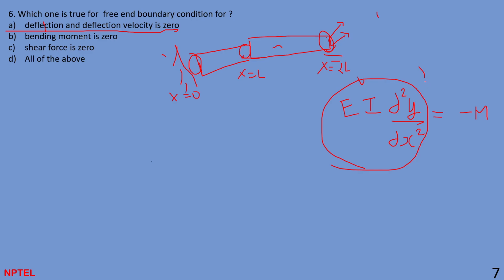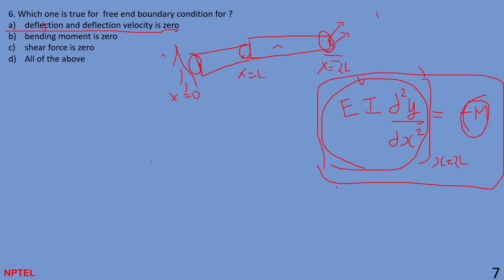So you need to say that at x equal to L, it will be zero. This is the mathematical format. Please do remember this. So bending moment will be zero and also shear force. How will you calculate shear force? Just differentiate again.